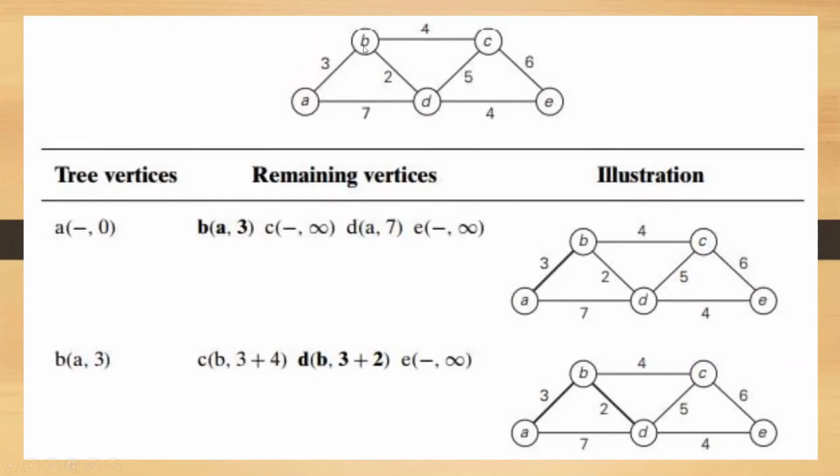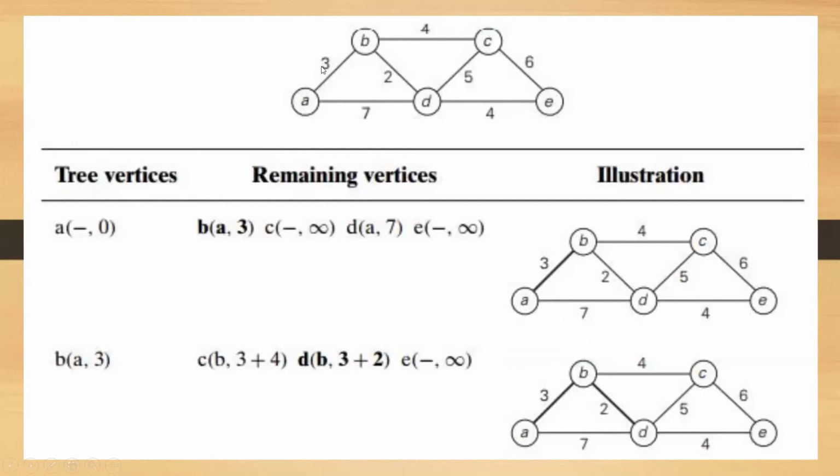Before writing, assume that initially, while the algorithm starts, every remaining vertex has distance infinity. Even B has infinity, D has infinity, C has infinity, and E has infinity. Now we have to check the sum we calculated: distance of A is 0 plus cost of AB is 3, so that becomes 3.